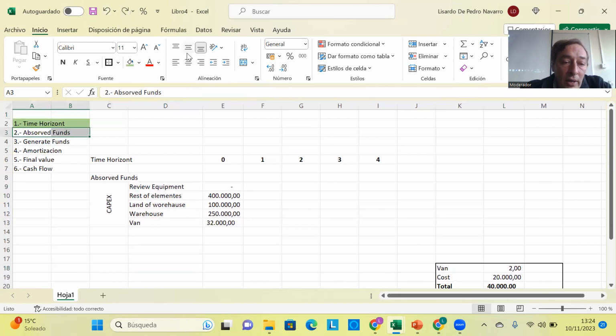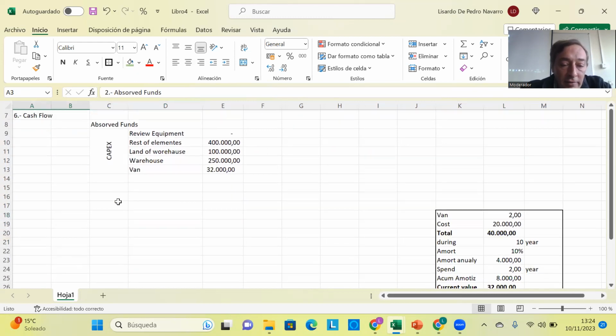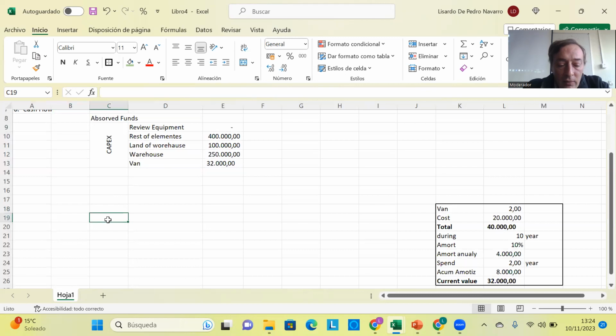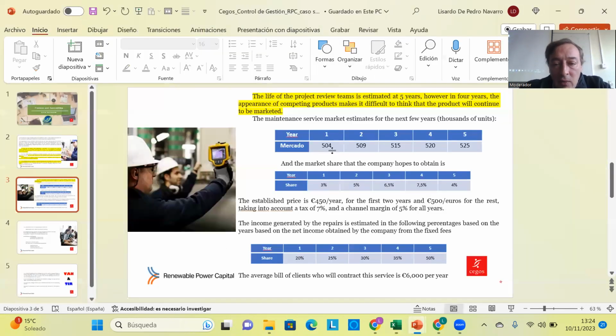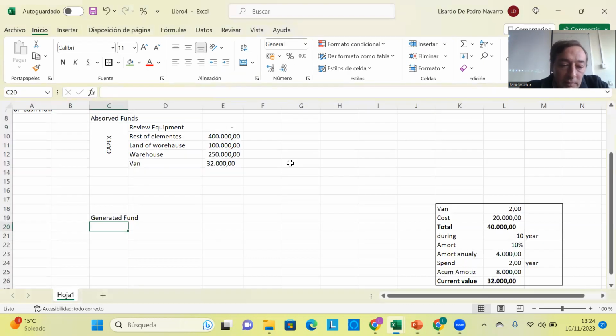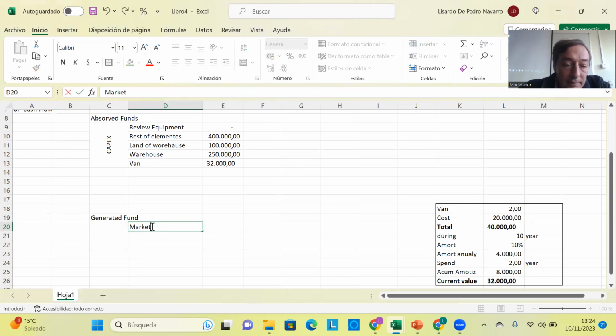So we are going to move into the generated funds. Here we are going to calculate the generated funds. For the beginning, in this case, we know which is the total market for this kind of service. So we are going to put here market.